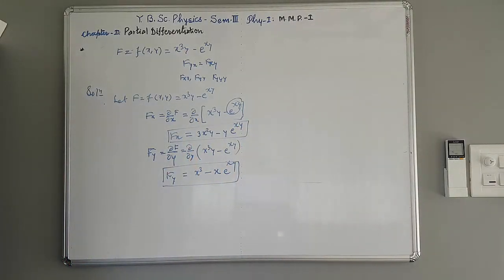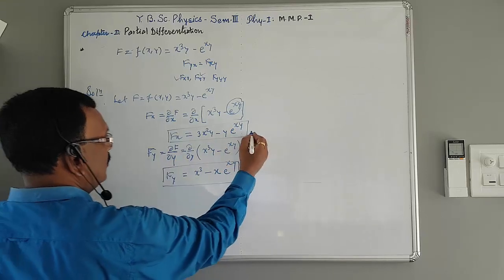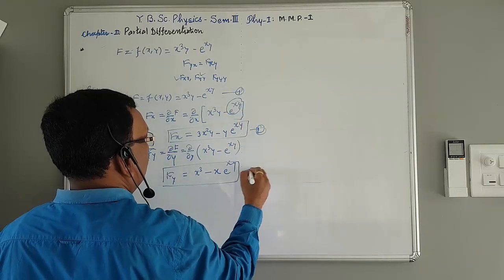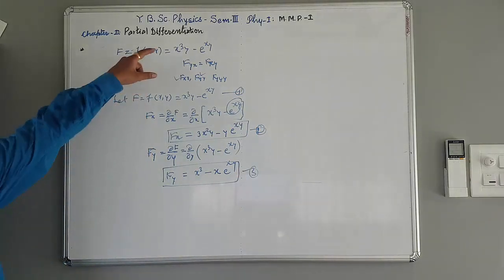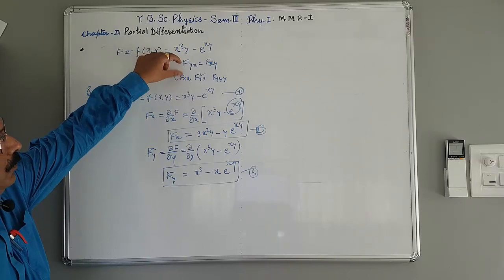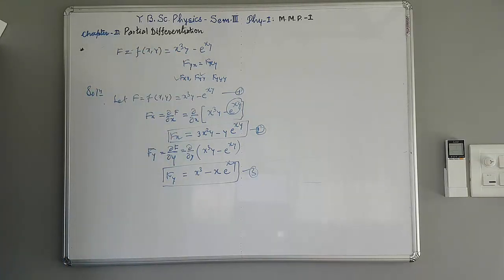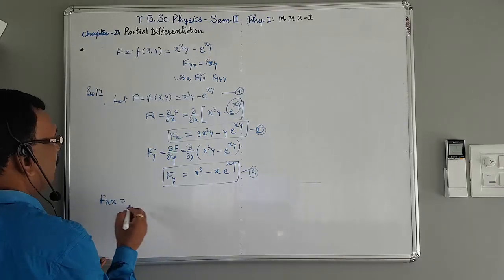Now first of all we have to find this and this. Again differentiate this equation. Suppose these are equations 1, 2 and 3. By using equations 1, 2 and 3 we can prove this and obtain the value of this. Now first f_xx.